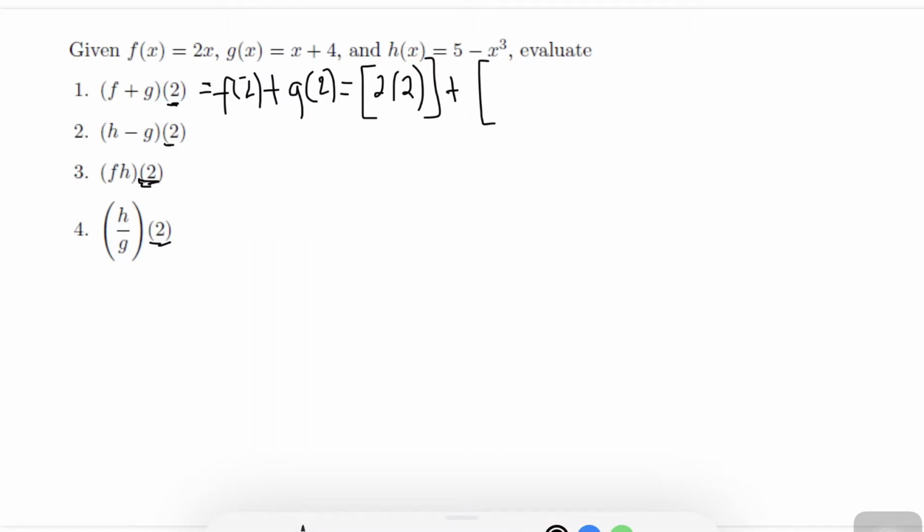X plus 4. So 2 plus 4. So 2 times 2 is 4 plus, so this is 4. This one, 2 plus 4 is 6. So we have 10.